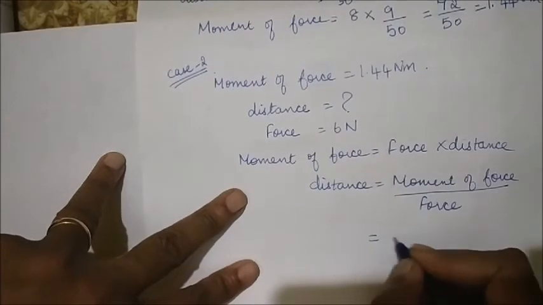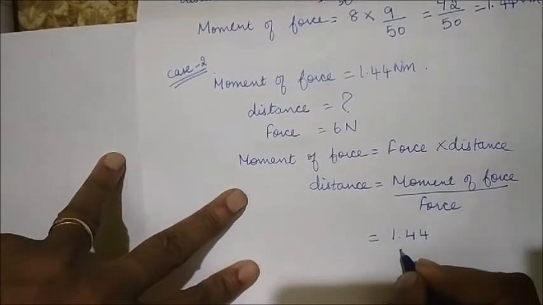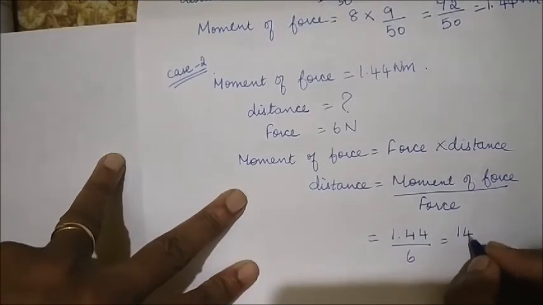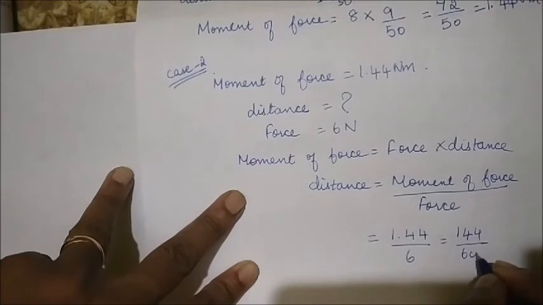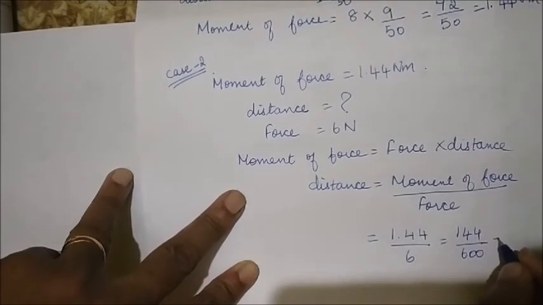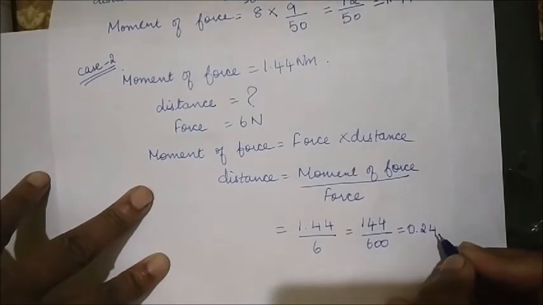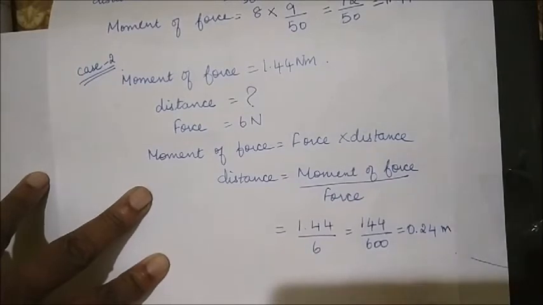Our moment of force is 1.44 and our force is 6. So 144 by 600, it will be 0.24 meter.